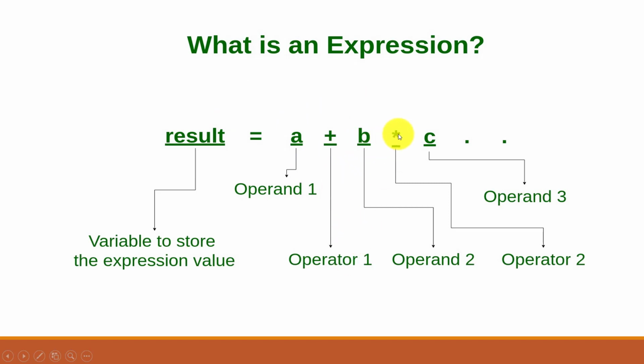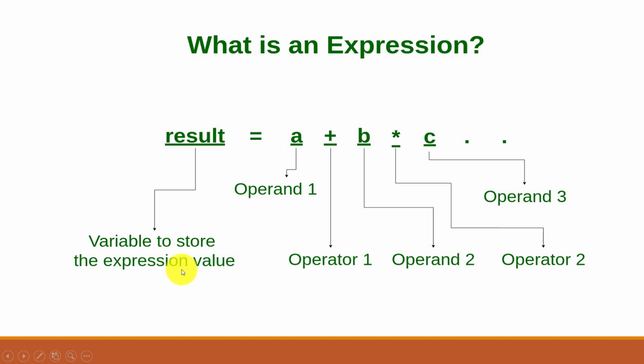In b multiplied by c, b and c are operands and multiplication is the operator. So plus is one operator and multiplication is the other. There are two operators and three operands: operand one is a, operand two is b, and c is the third operand. Here we store the result of the expression into one variable.